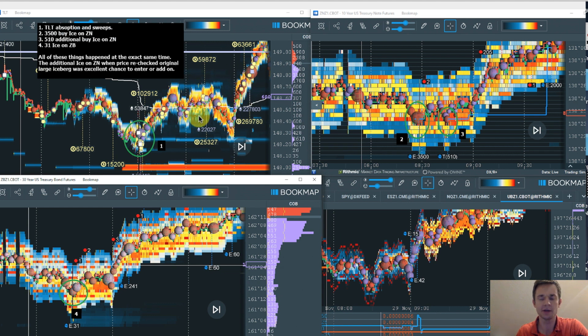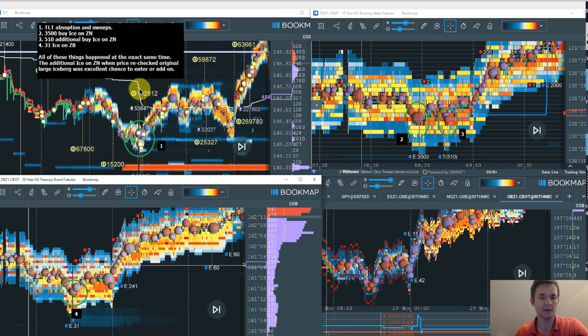I took a screenshot of what I considered the trade of the day, and I've got some notes up here. We'll cover those real quick. Note number one, TLT absorption and sweeps. Bookmap has an absorption indicator and a brand new sweep indicator.